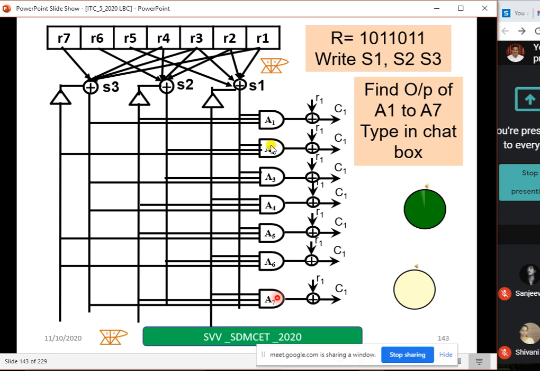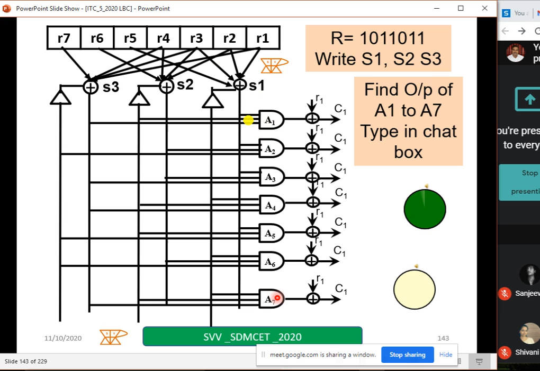Wherever S1 is connected directly, A2 will become 0. No need to check the others, because if even one input to any AND gate is 0, the output will be 0. Write the output of the AND gates in the chat box, A1 to A7. Start from A1, find out whether A1 is 0 or 1, A2 is 0 or 1, A3 is 0 or 1, A4 is 0 or 1.